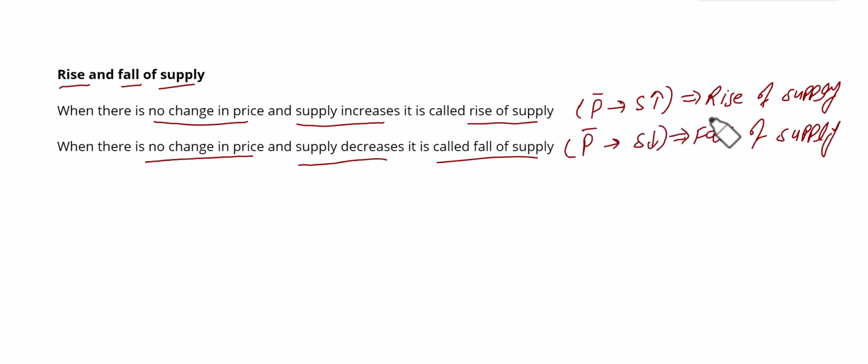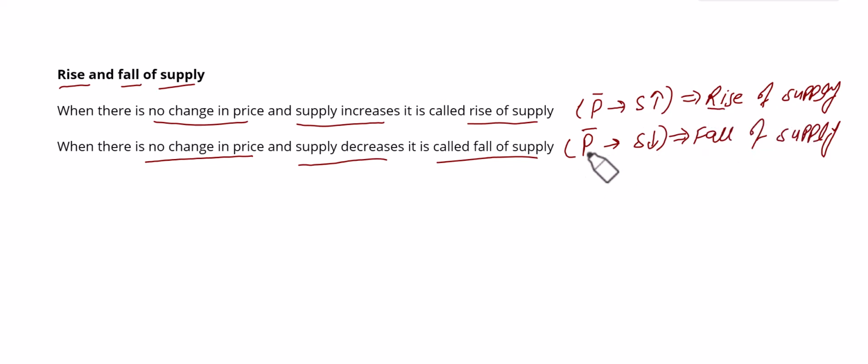So this increase in supply is not affected by an increase in the price level. Price is constant, but they are increasing the supply. So the increase in supply is not affected by price, but by some other factors. When other factors are involved in increasing the supply level, this phenomenon is called rise of supply.